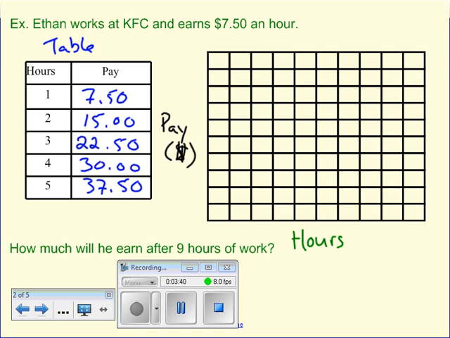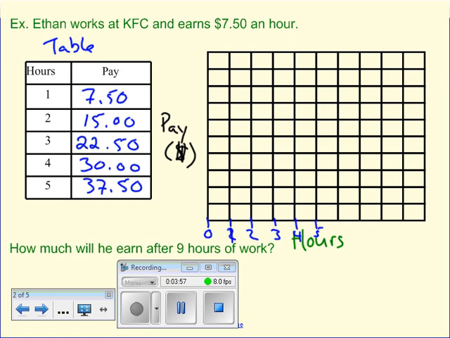So starting at 0, I'm going to create my grid. I have 0, 1, 2, 3, 4, 5 hours, because that's all the data I have.